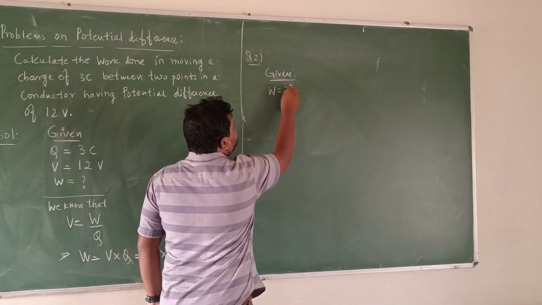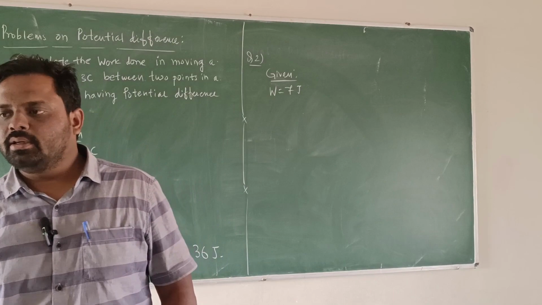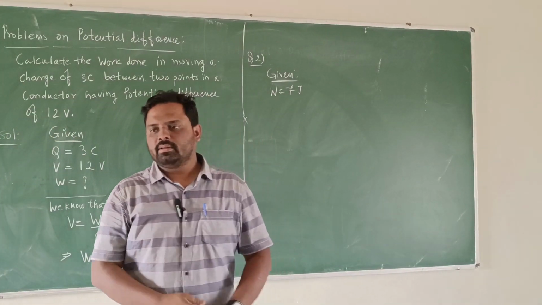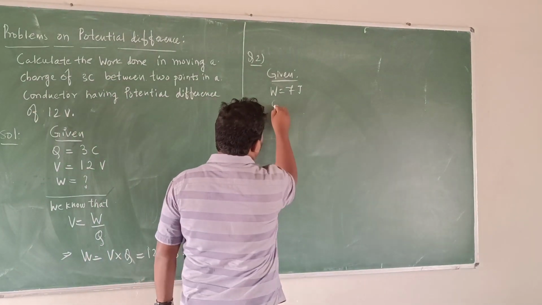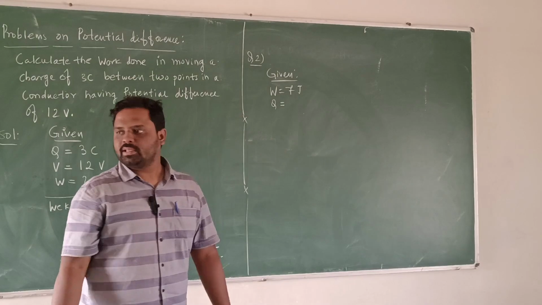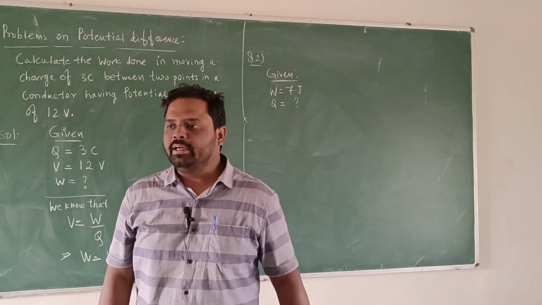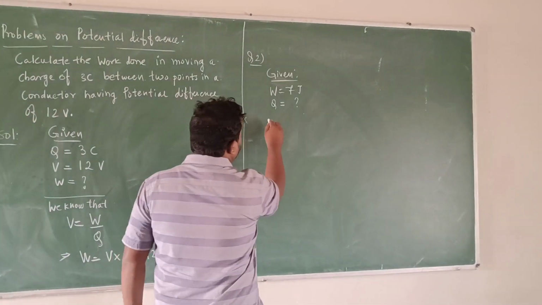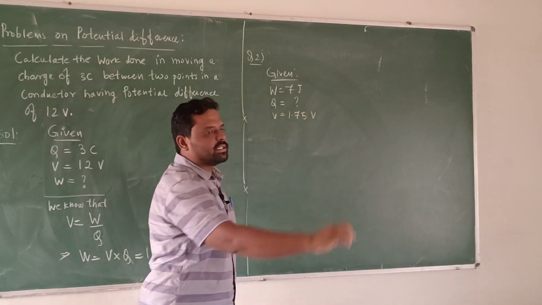Work is given as 7 joules, done to move a certain charge. That means we don't know the value of charge, between 2 points in a conductor having a potential difference of 1.75 volts.